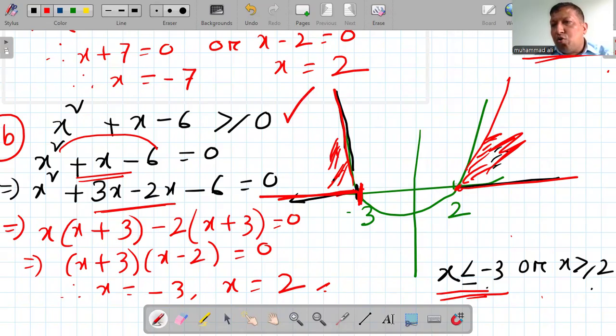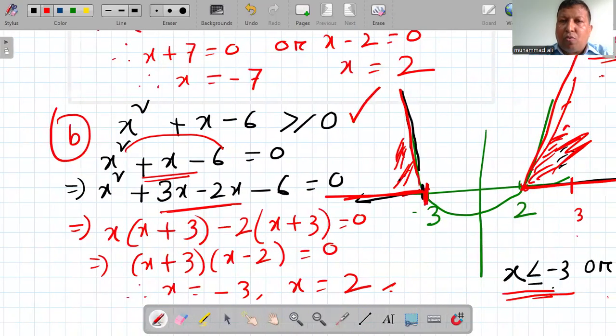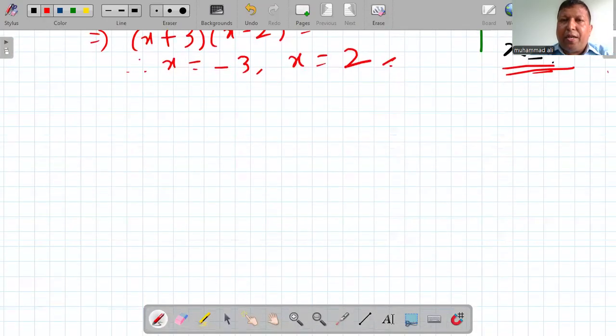Or when the x value is 2 or greater, from 2 going to the right side, the curve is positive. See, when x value is 3, the curve is positive. When x value is 4, the curve is positive. That's why we write x greater than or equal to 2. Now question B is completed.